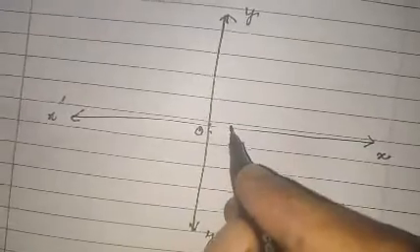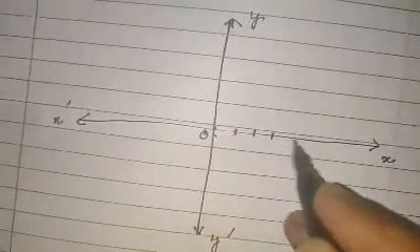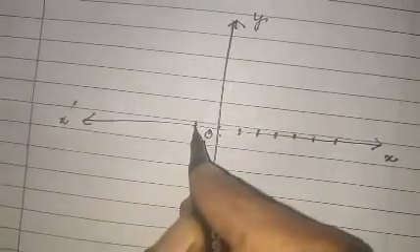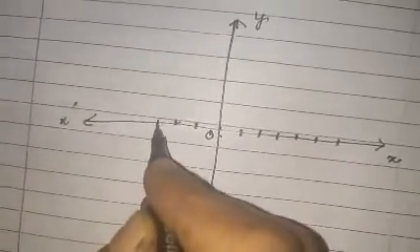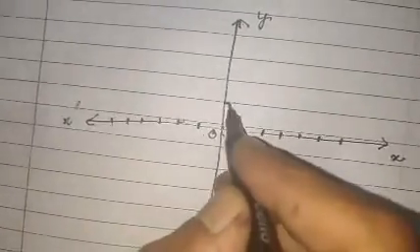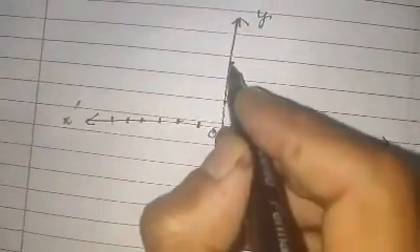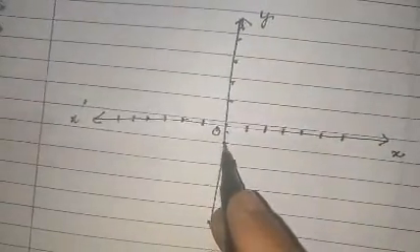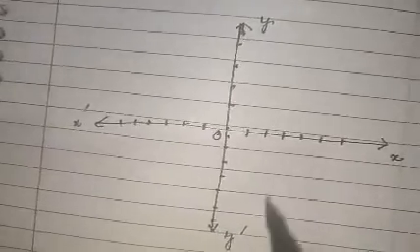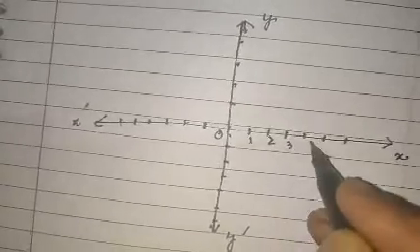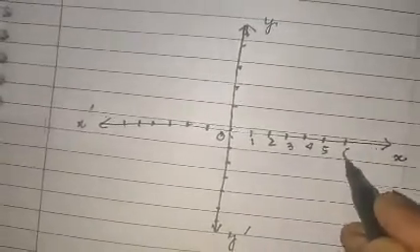We put here the numbers 1, 2, 3, 4, 5, 6 along each axis.